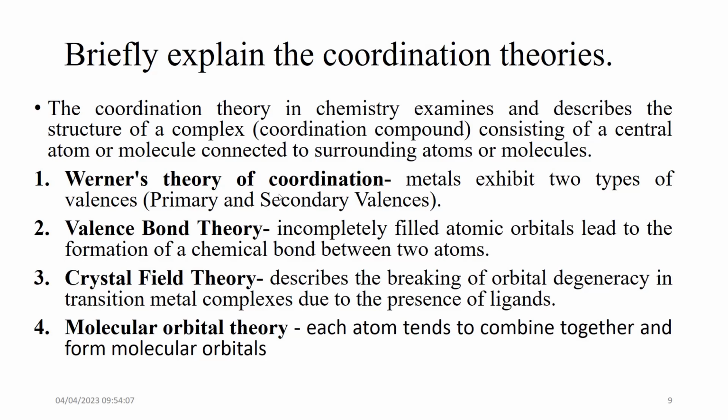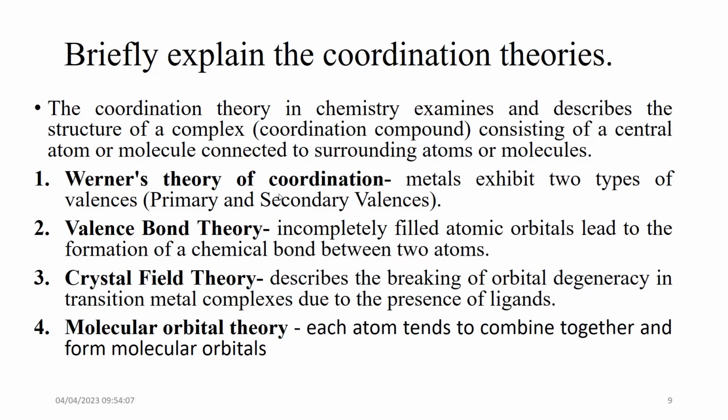For example, hydrogen has one electron in its orbital, but it needs another electron to complete it, and another atom, maybe another hydrogen, has a single electron in its orbital.